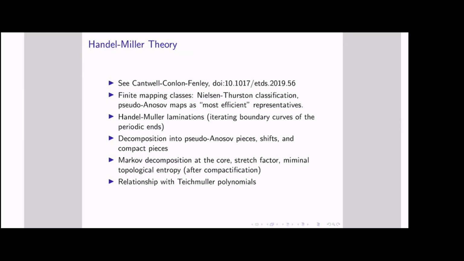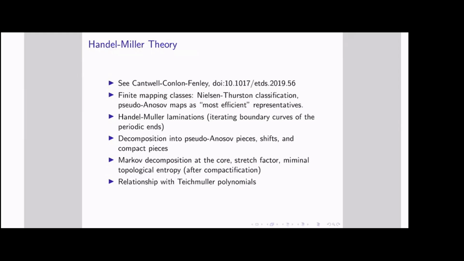We can think about this as an efficient way of representing this mapping class, in the sense that if we calculate the topological entropy of this particular homeomorphism from this Riemann surface to itself, the topological entropy is minimized over all possible topological entropies of representatives inside the mapping class.